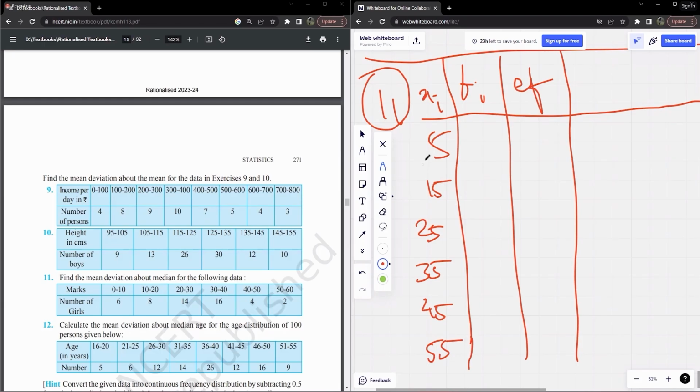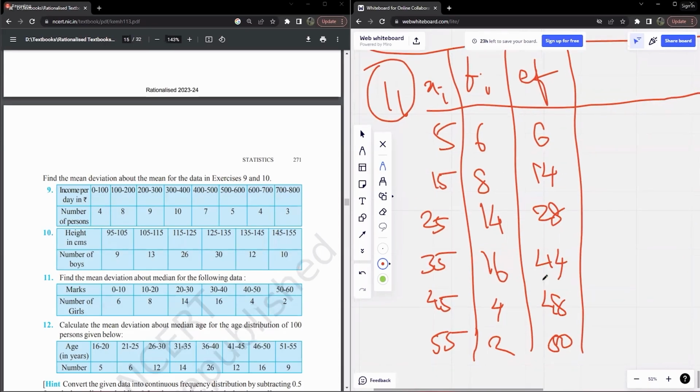Corresponding Fi's are 6, 8, 14, 16, 4. The cumulative frequencies then are going to be 6, 6 plus 8 is 14, 14 plus 14 is 28, 28 plus 16 is 44, then 48, then 50.